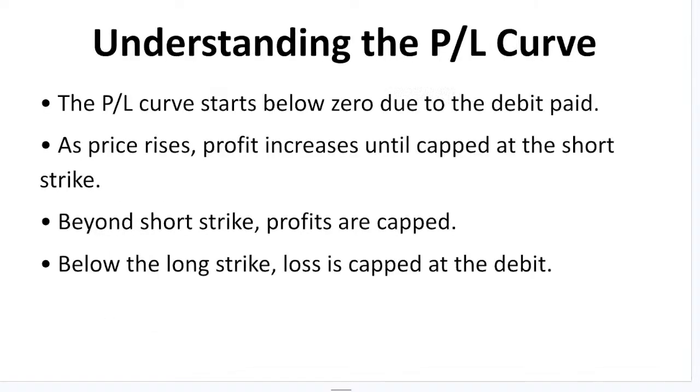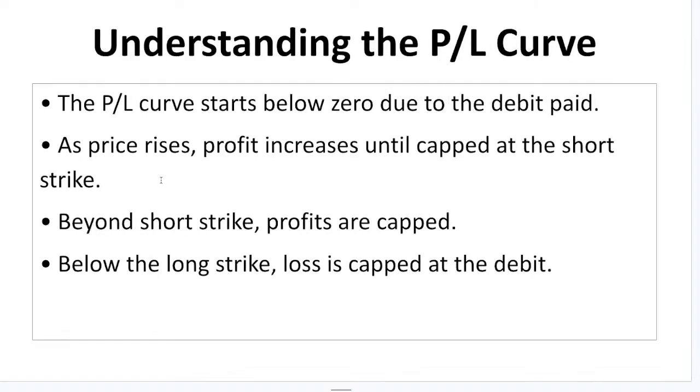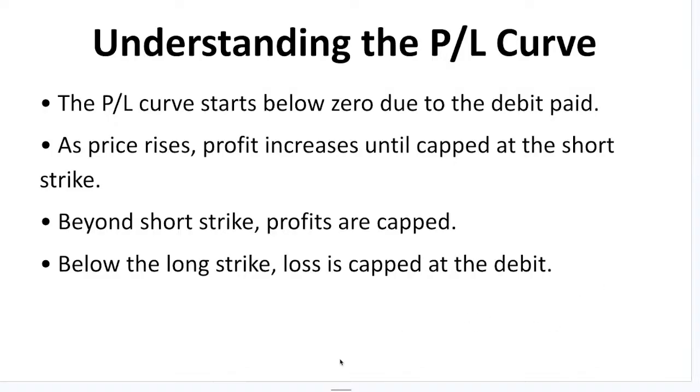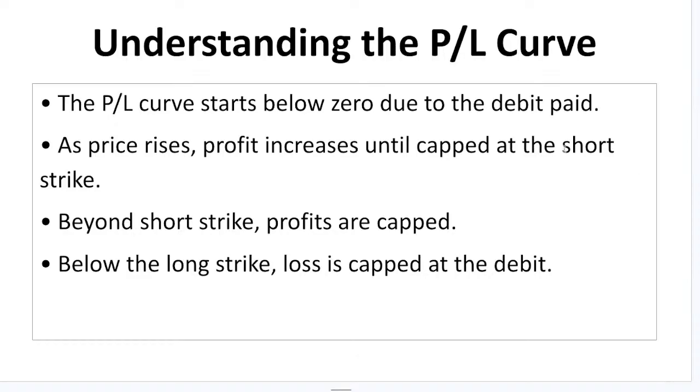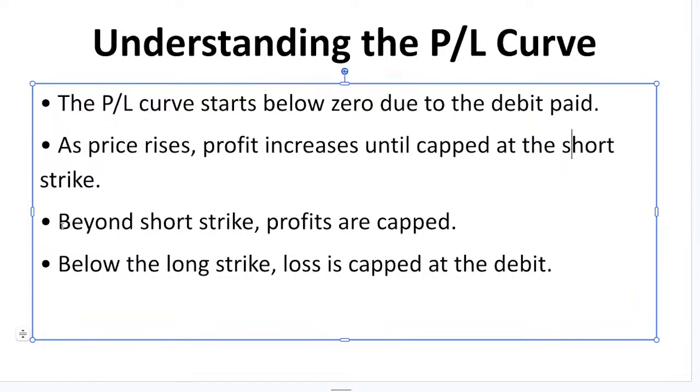Okay, so understanding the P&L curve. The P&L curve starts from 0 due to the debit. As price rises, profit increases until the cap at the short strike, which is the sold call, right? Beyond the short strike, profit is capped. If the price moves higher than 105, you won't get additional profit because it's capped.